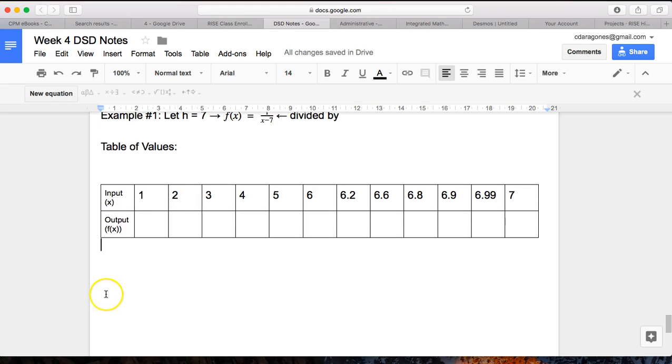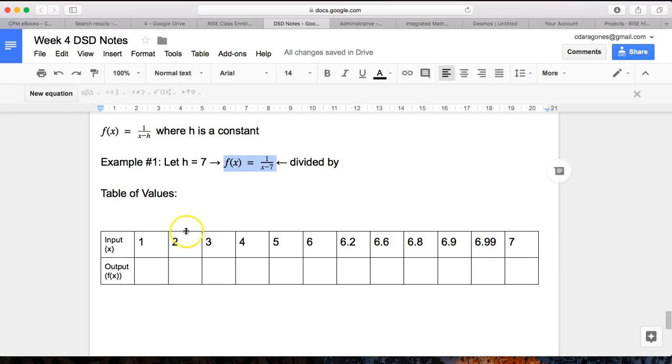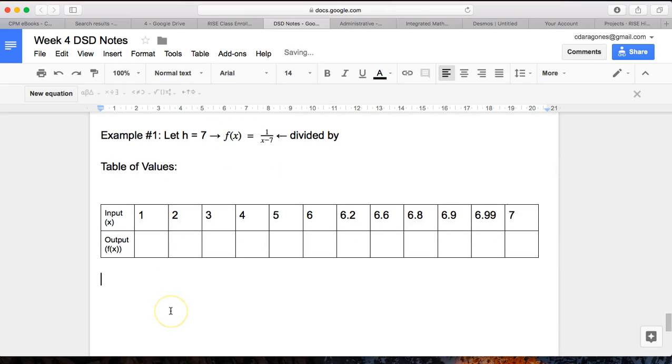Okay, so now that you have your inputs, you're going to plug them into your function to find your output. For example, I'll do the first one for you. As you can see, we're looking at f of x equals 1 divided by x minus 7. The first input is 1, that's our first x.